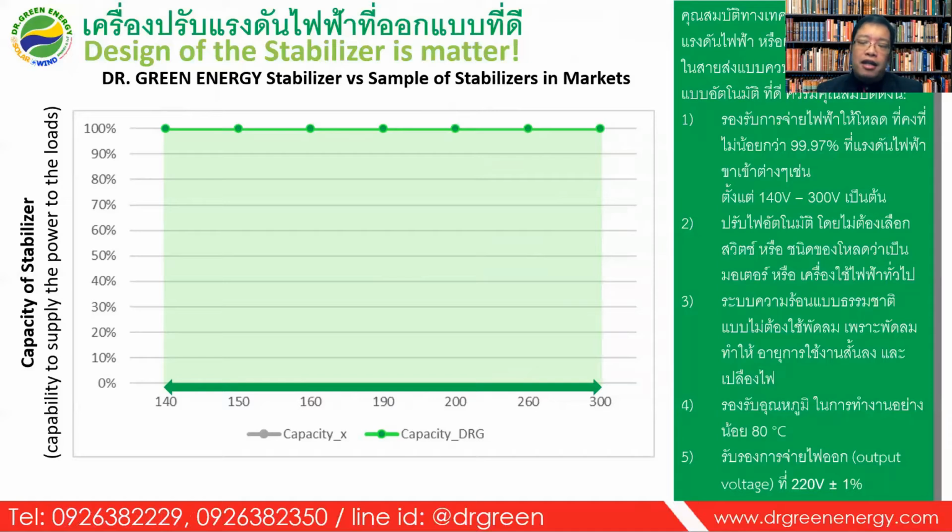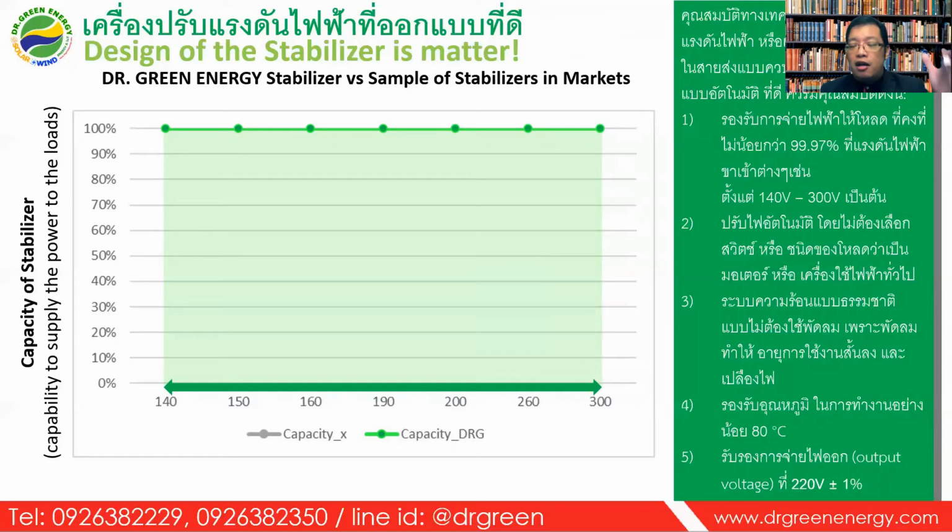So we have the technical specification, or some guide, to choose a good or proper stabilizer. For example, a good stabilizer should give the consistent, committed capacity at least 99.9%. Okay, it doesn't matter how low the voltage drops or how high the voltage exceeds from 220, for example.